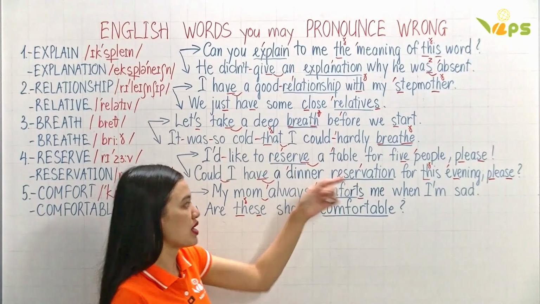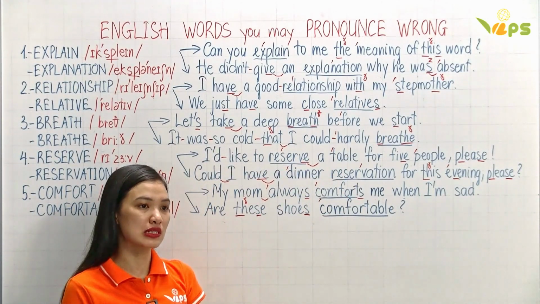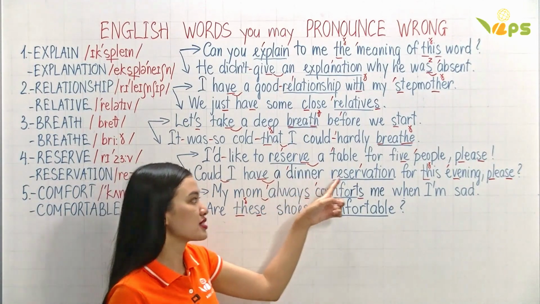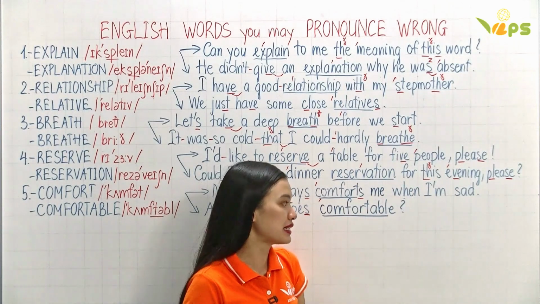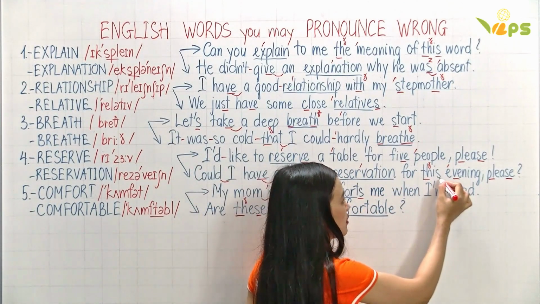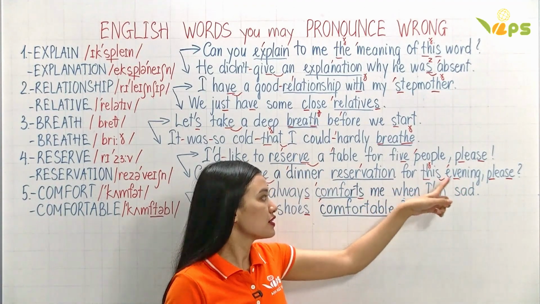Next, reservation. Remember, reservation is the noun, just like the arrangement. Could I have a dinner reservation for this evening, please? This evening, you can link them together.